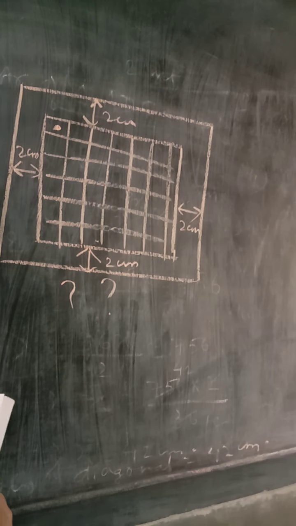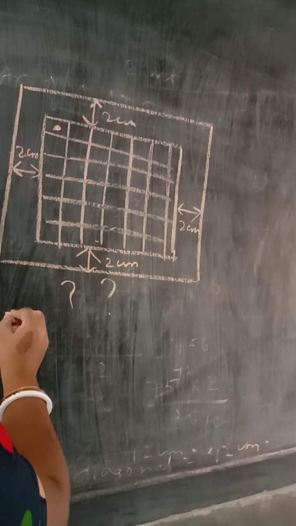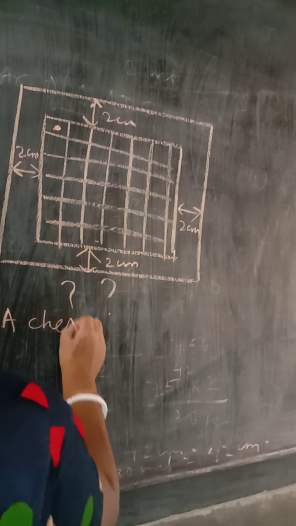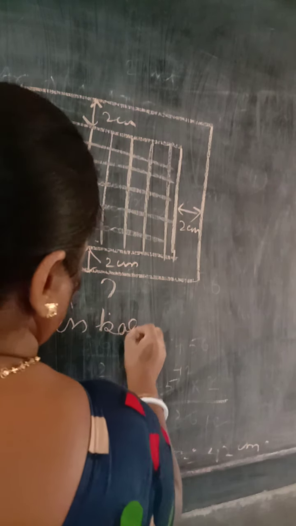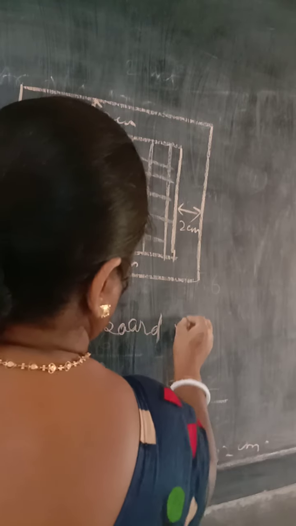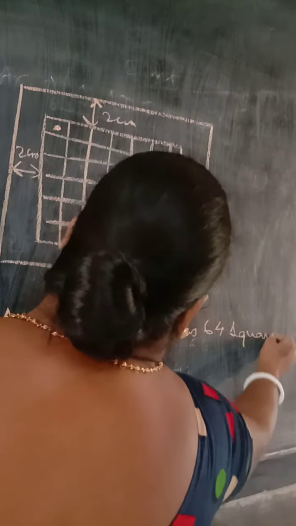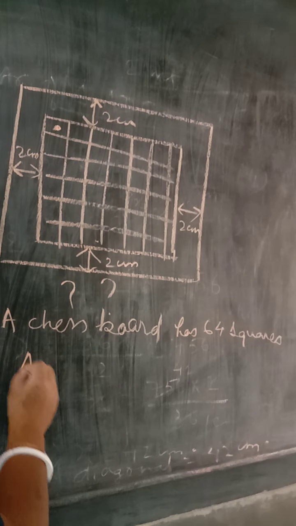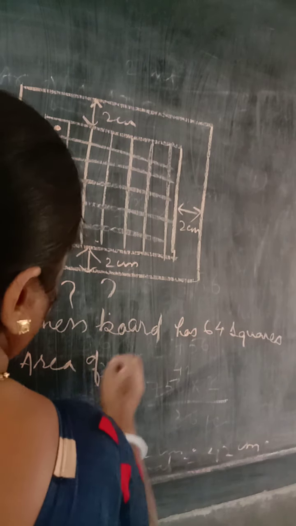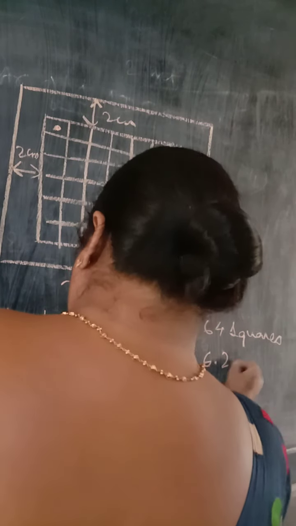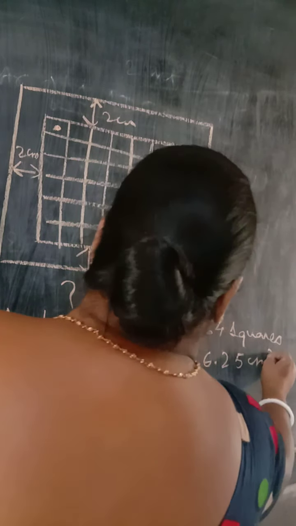It's asked, a chessboard contains 64 equal squares and the area of each square is 6.25 centimeter square. A chessboard has 64 squares. Area of one square is 6.25 centimeter square.